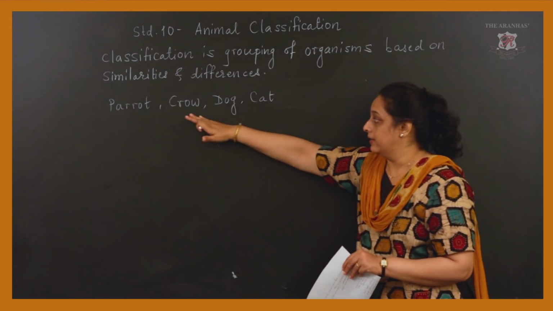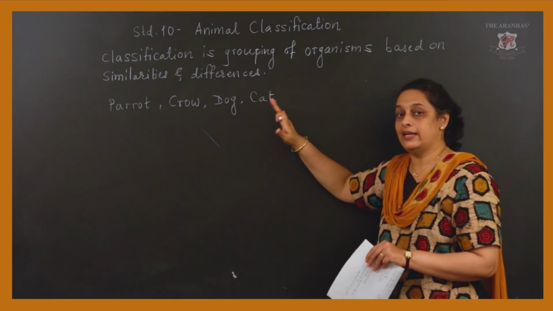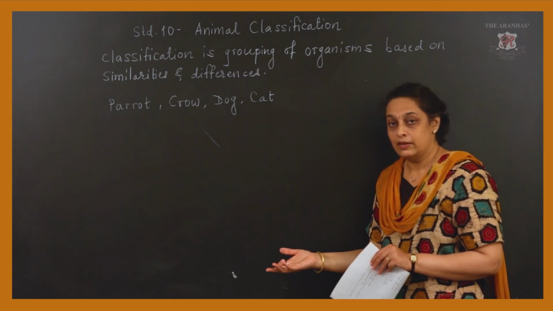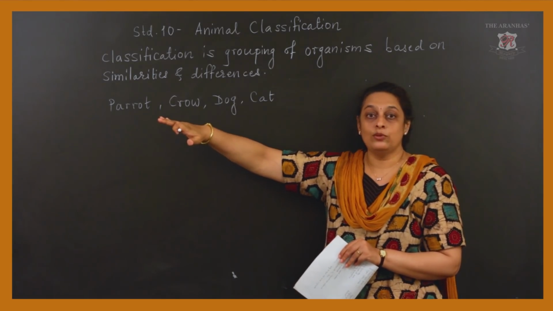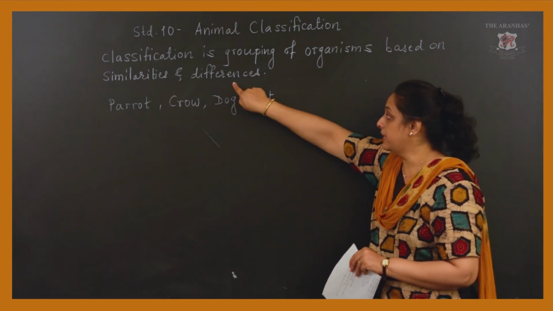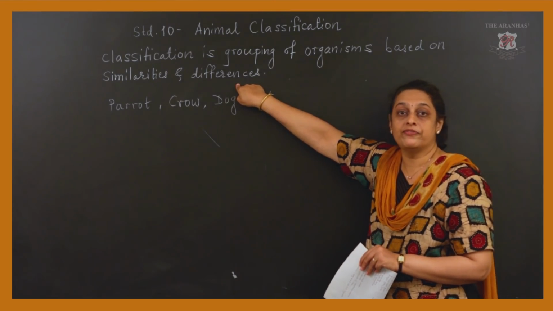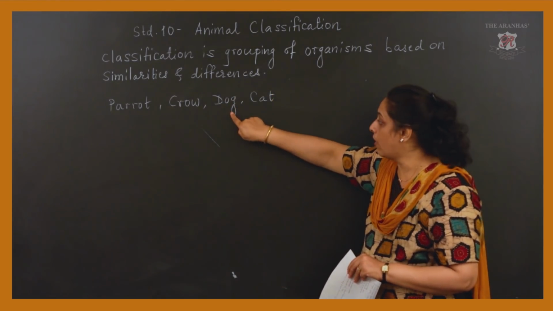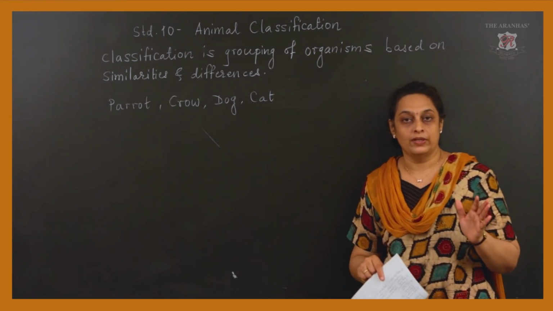On the other hand, why I have placed dog and cat in a different group? Because they are different from parrot and crow. They are not birds, which means I have taken into account the concept of difference. So dog and cat will be placed in a separate group.